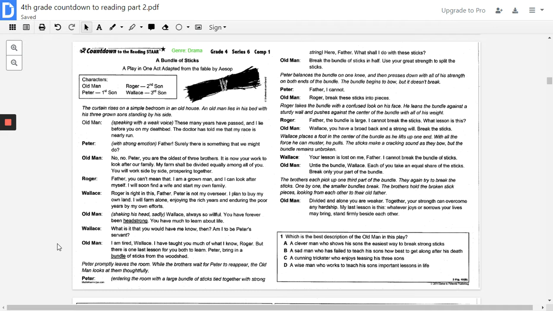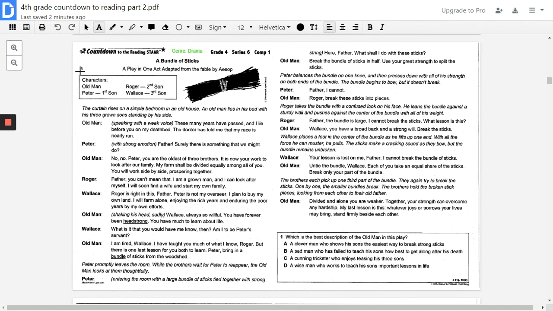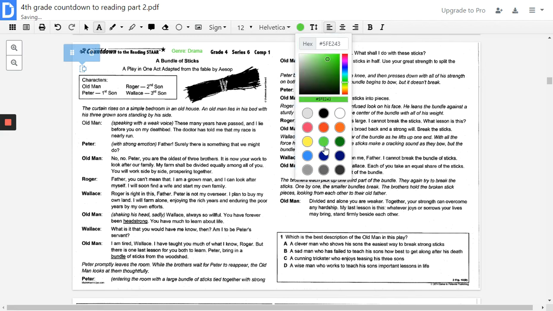Okay? So as we're reading through this, and I'll just label these things. As we're reading through this, we're going to prepare ourselves to answer some questions about the structure of drama. So here we have our character box. Let me just change the color of that font again.